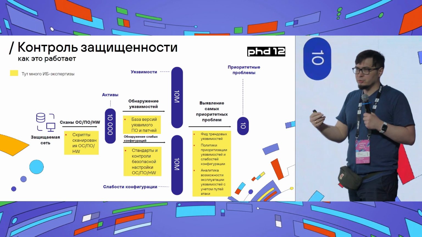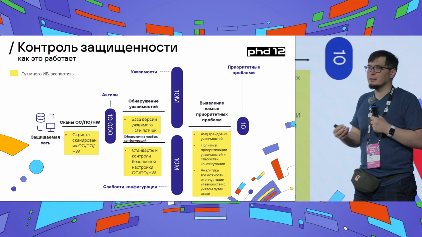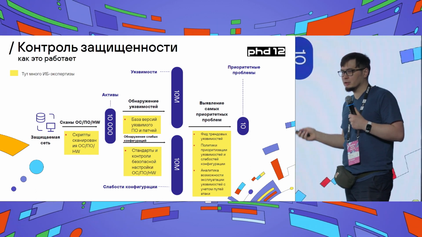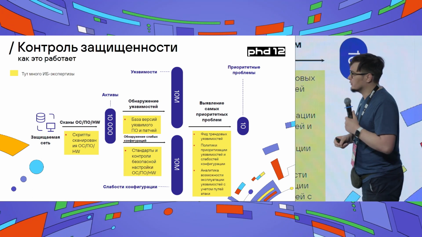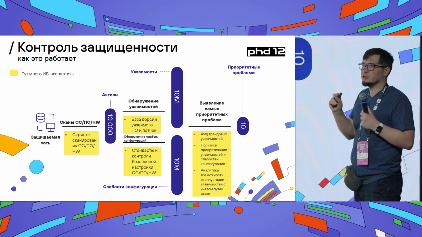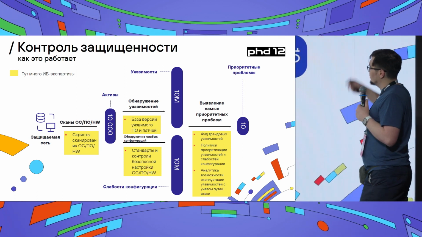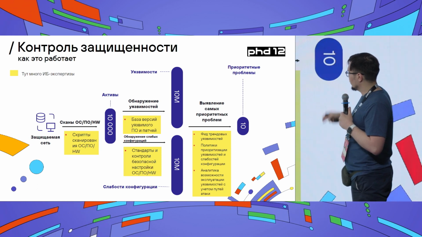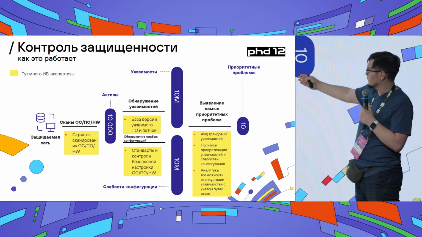It's implemented differently in different products, but the important thing is that the attention of cybersecurity specialists is focused on potentially more high-priority vulnerabilities, and this is perhaps the less standardized aspect of such products.